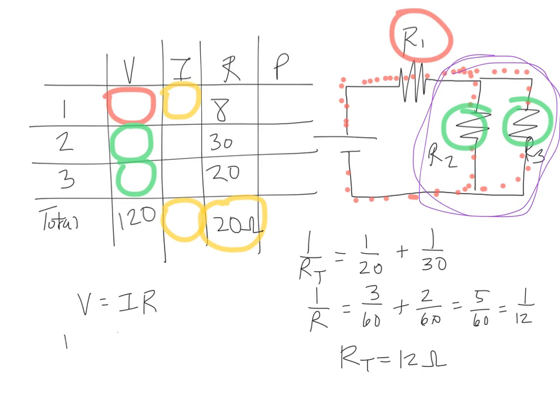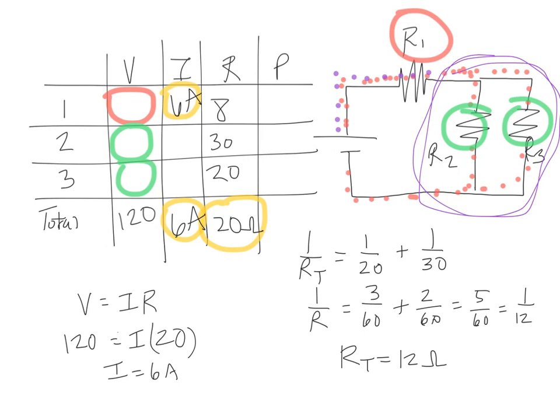So for the whole circuit, 120 equals an unknown I times 20. Well, what times 20 gives you 120? That'd have to be 6. So I know that 6 amps goes here, which means that 6 amps goes here, because again, as it comes out of the battery, all of it has to pass right here through R1. So that means it gets 6.